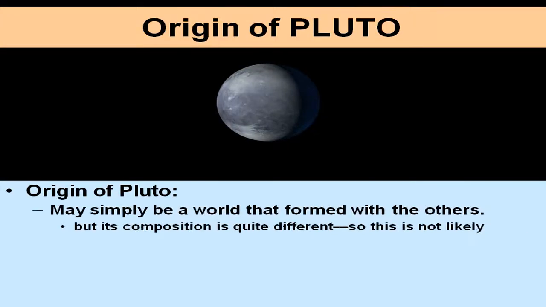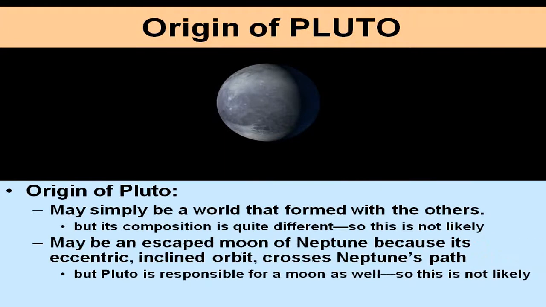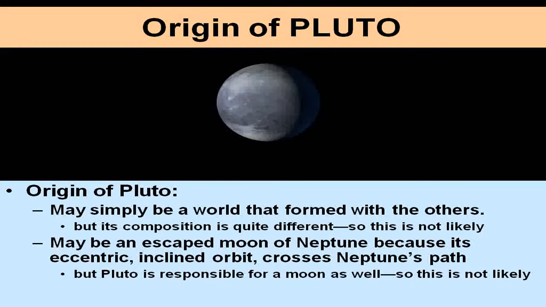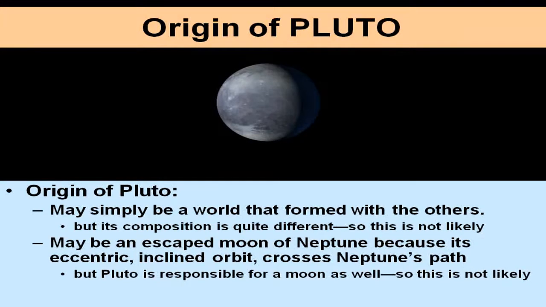Origin for Pluto: it may be a world that formed with the others, but of course its composition is quite different, so this is not very likely. It may be an escaped moon of Neptune because its eccentric inclined orbit sometimes crosses Neptune's path, so maybe they came close at one time.